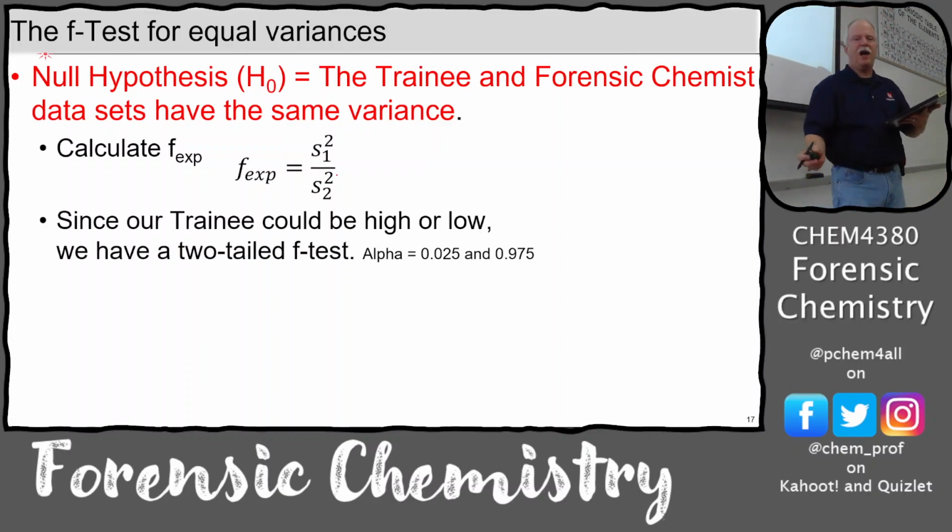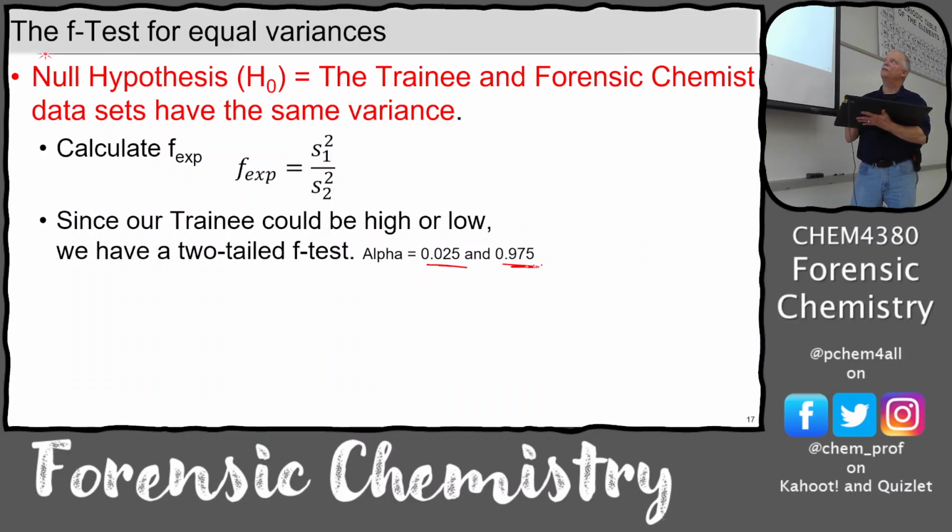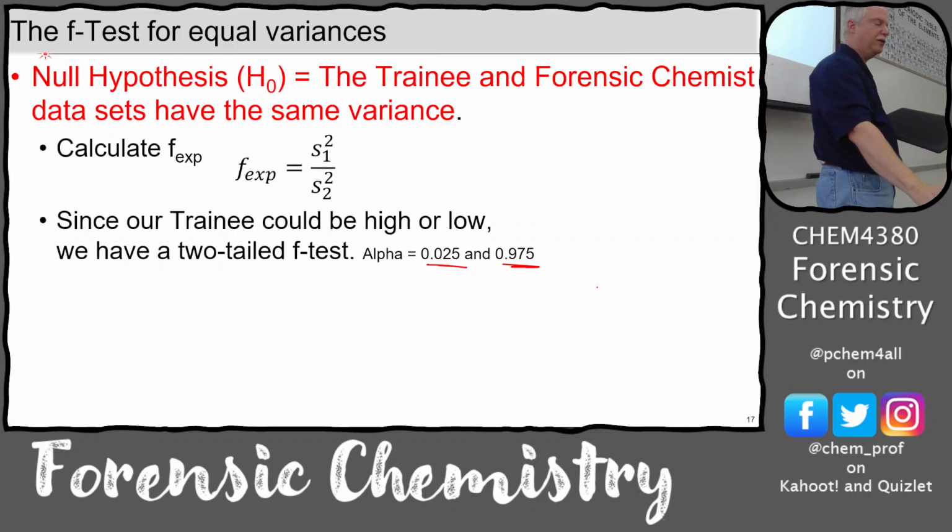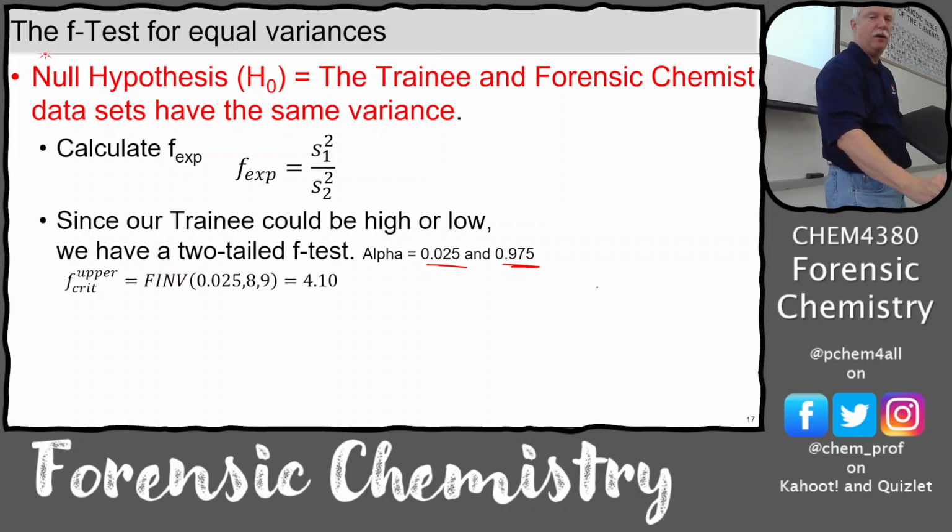Since our trainee could be high or low, we have a 2-tailed F test. And once again, we use the alpha of 0.025 for the low side and 0.975 for the high side. So we have to calculate 2 F critical values, an F upper and an F lower.